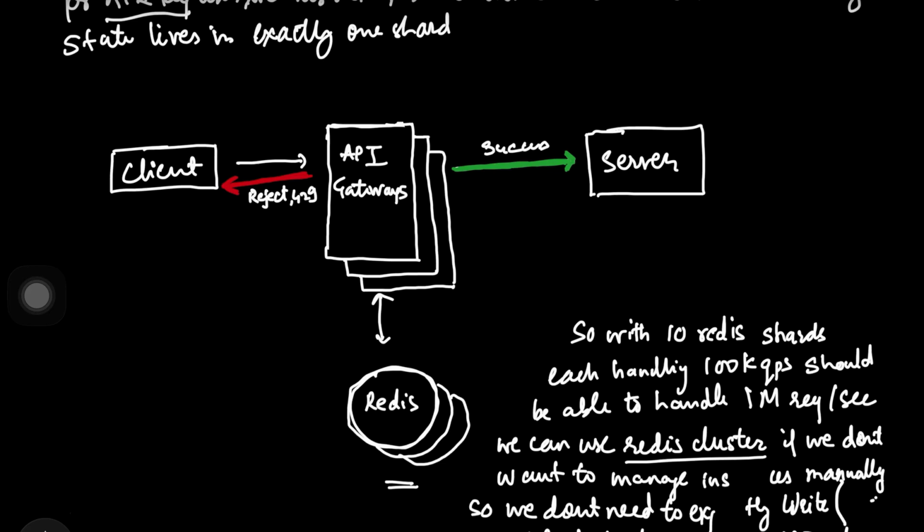If there is a tiny millisecond delay in syncing a counter across nodes, that's an acceptable trade-off to ensure that the system never slows down the actual HTTP response time for the user. And the sharding, which we have already discussed, will ensure that client-specific state lives in exactly one shard, so that no information is in two shards, which would make it difficult to get the data of that particular client.